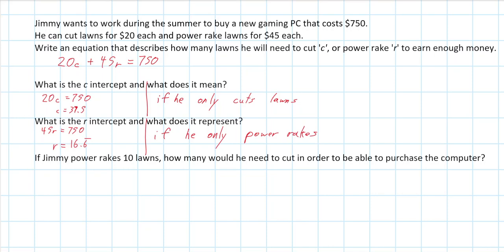Okay, now it's going to be a different wording of the question. If Jimmy power rakes 10 lawns, how many would he need to cut in order to purchase the computer? Okay, so now you plug that back in for power raking, in for the R. So instead of R, we're writing 10.